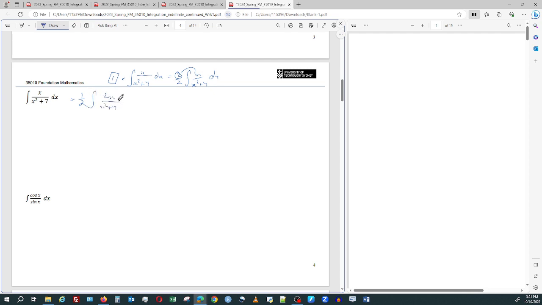Now, is the derivative of the denominator on the numerator? Yes. Okay, yippee. So we're going to go straight to a substitution where we have a half of ln of x squared plus 7 plus capital C. And that's our final point.